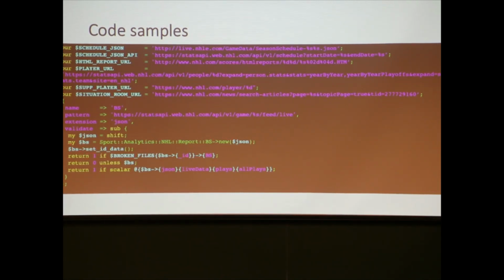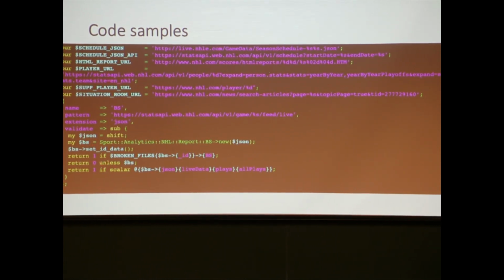I also set some extra ID data, and then I do some validation. For example, if I know by heart that this JSON was broken historically, then I have some information about it, and I just say okay, validation is okay because we can't validate it. Let it go as it is.